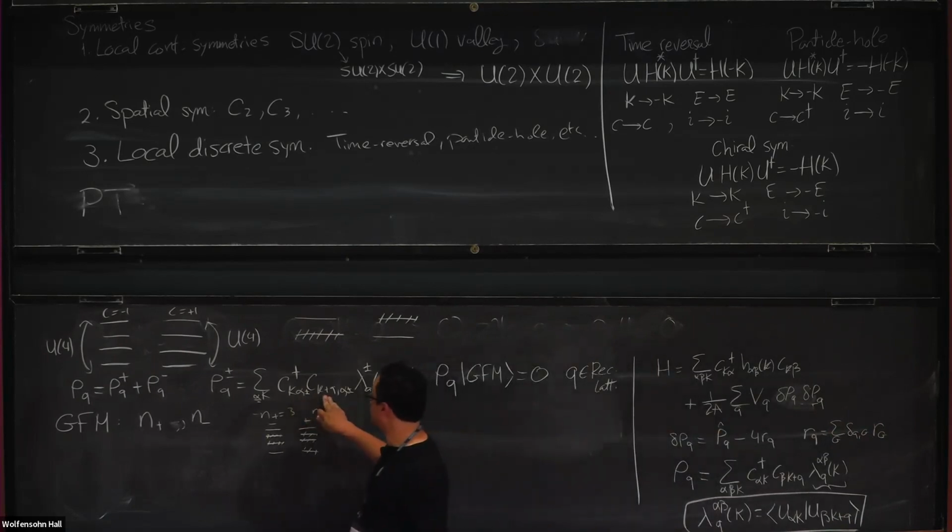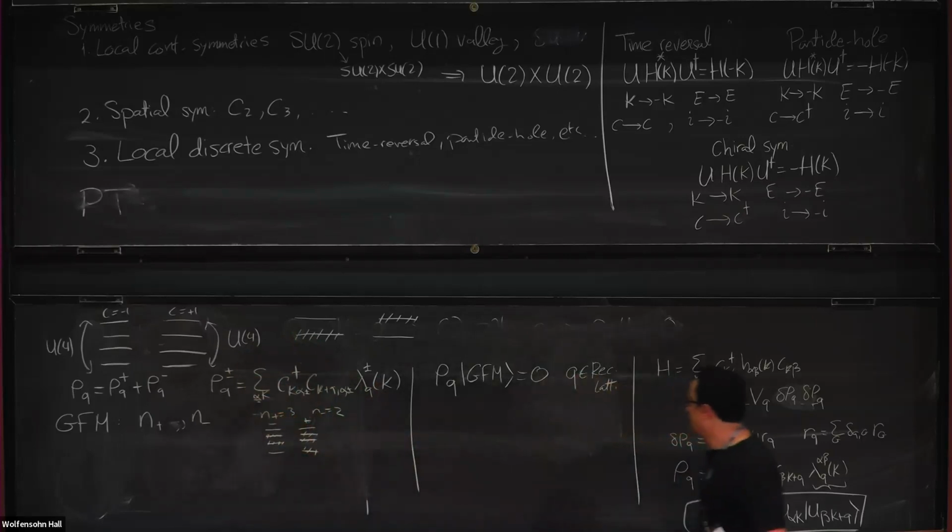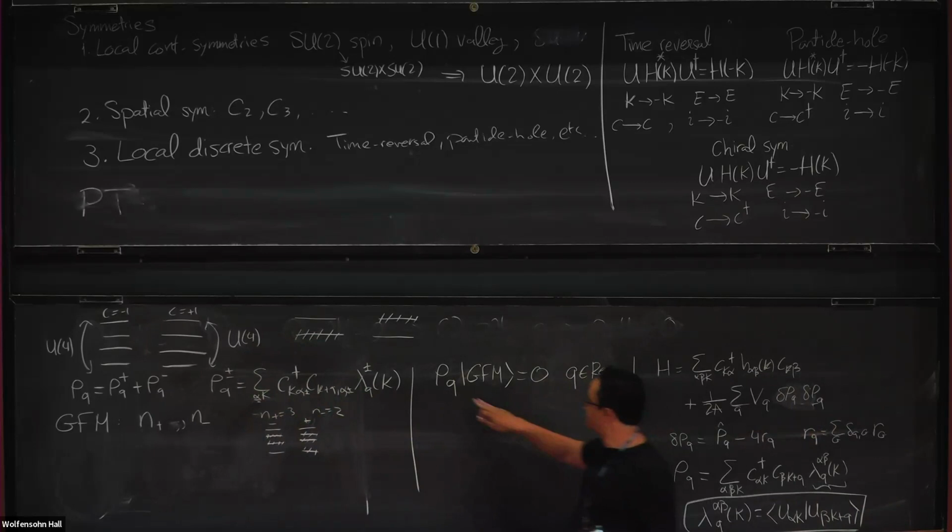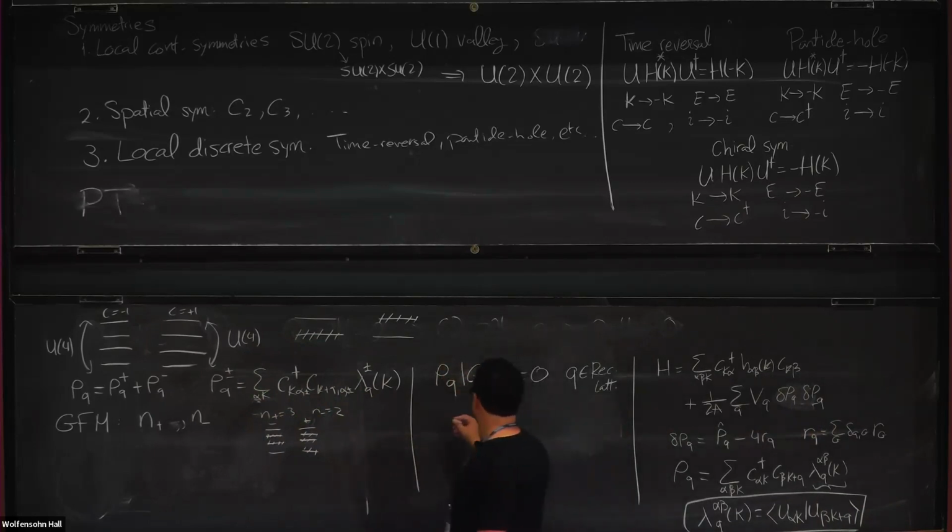So this expression annihilates an electron at k plus q and creates it at k. But this expression has the same alpha index, so it acts within the same band. So if the band is completely empty, I don't have electrons to annihilate. If the band is completely full, I cannot move the electron from one place to the other. So what is left is to see what this term is if Q is a reciprocal lattice vector.